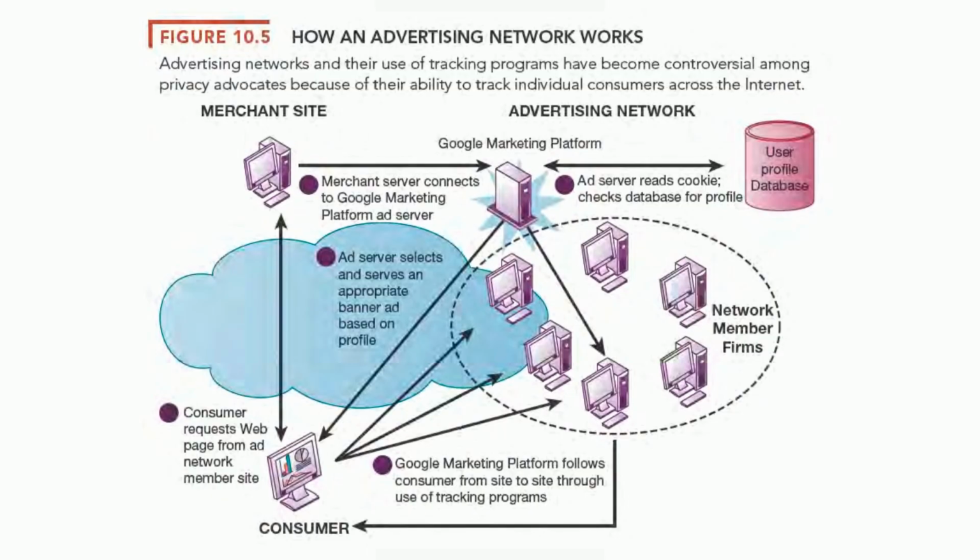Okay, next one. This is how an advertising network works. So an advertising network acts as a middleman between advertisers and publishers. Advertisers here are the businesses that want to pay to promote their products or services to a target audience.